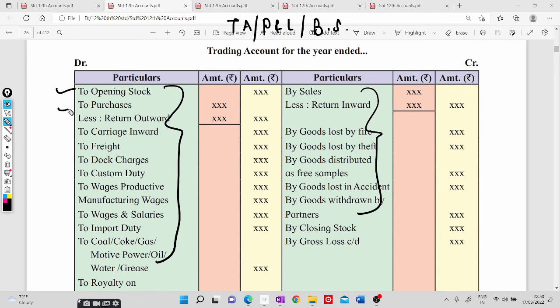The balances of all these accounts will go to either the trading account, P&L account, or balance sheet, depending upon whether the account is an asset, liability, expense, or income. So assets, liabilities, expense, and income decide whether the account will be shown in the trading account, P&L account, or balance sheet.